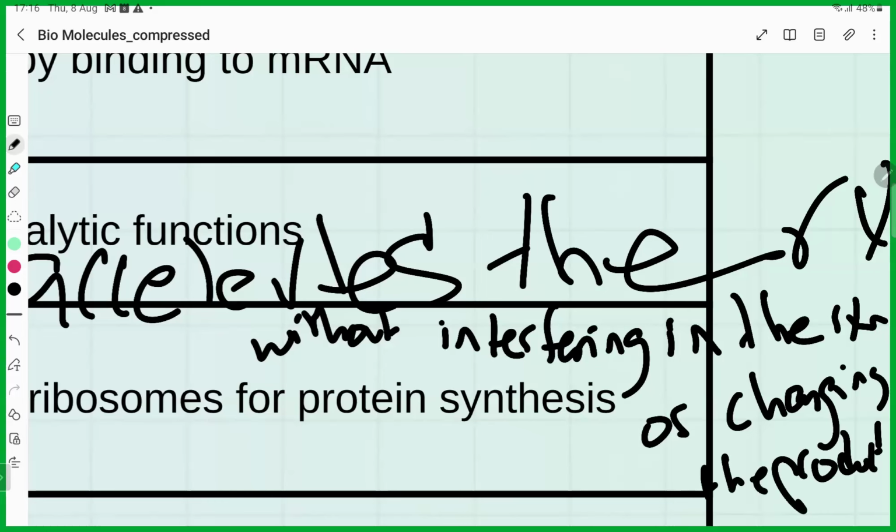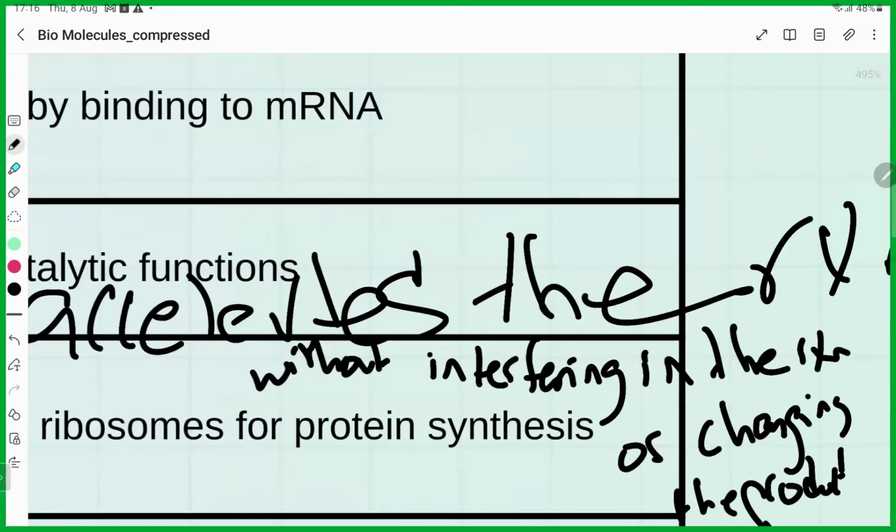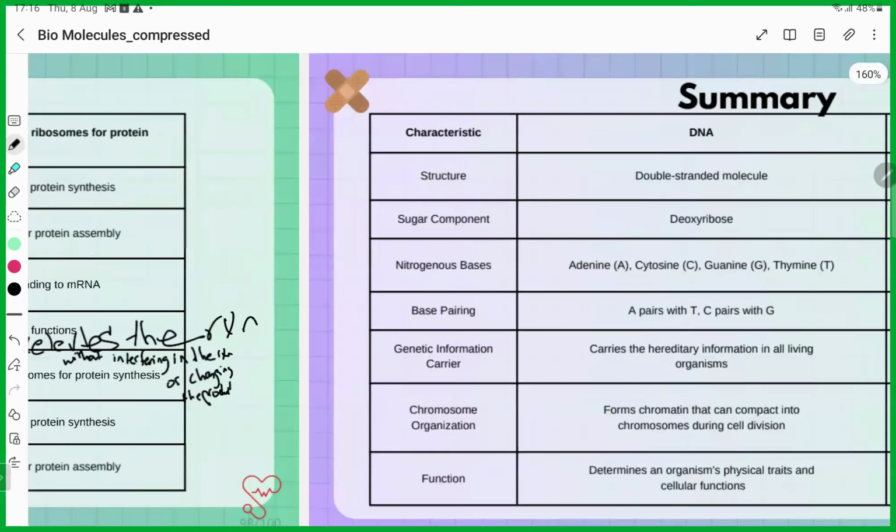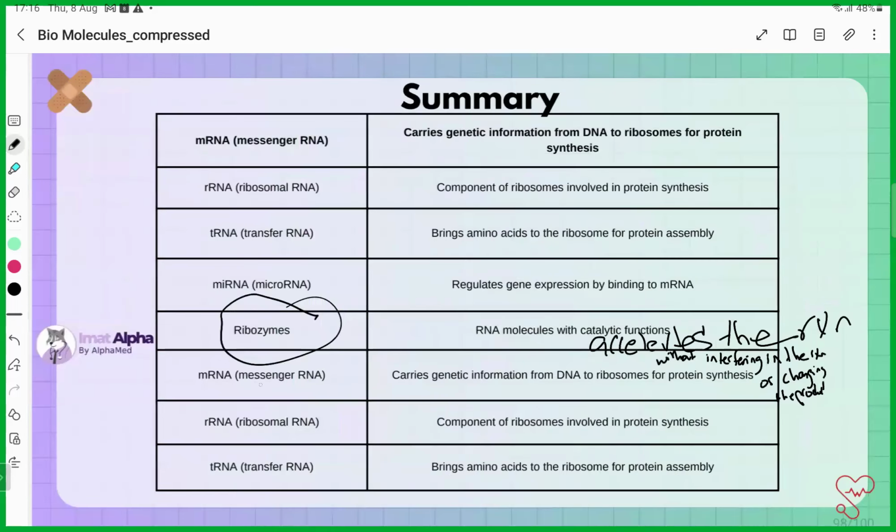So ribozymes play catalytic functions. Ribozymes are normal RNA molecules, but they don't interfere in anything. They just accelerate the reactions. These are ribozymes.